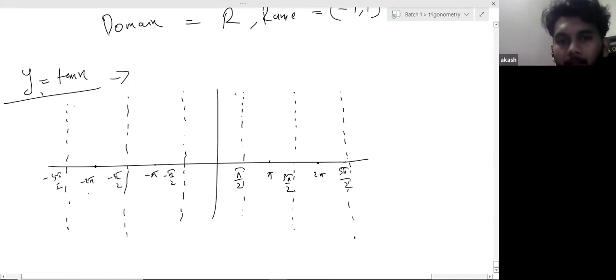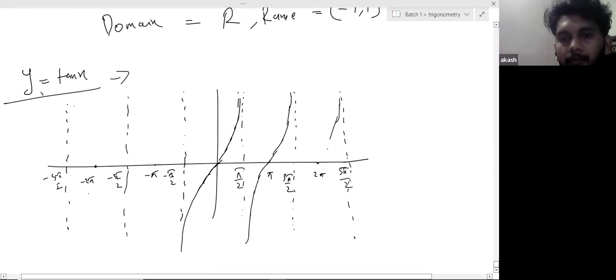Graph starts from here and like this. From here. It's this curve. Inverted S, you can say.